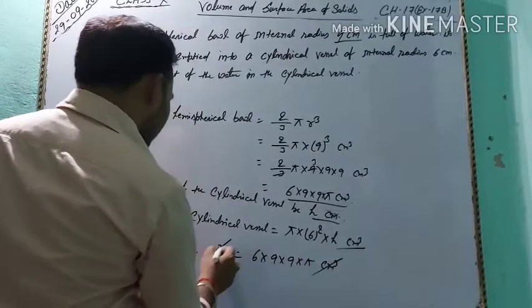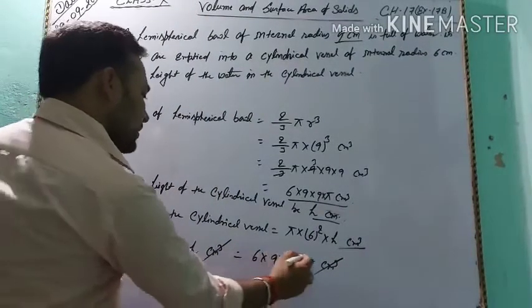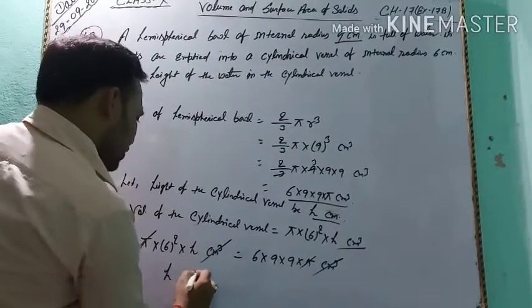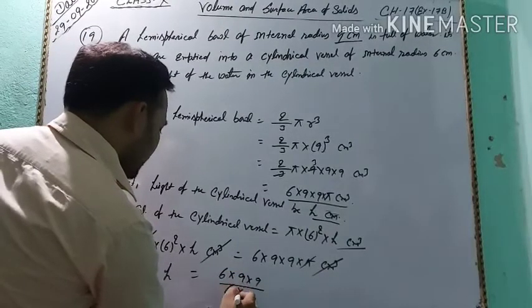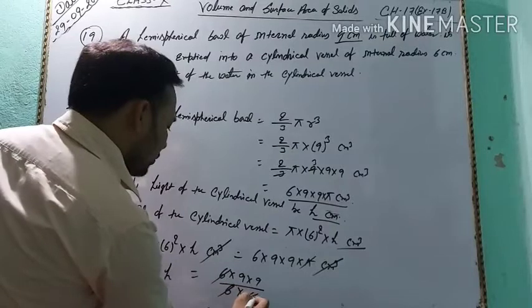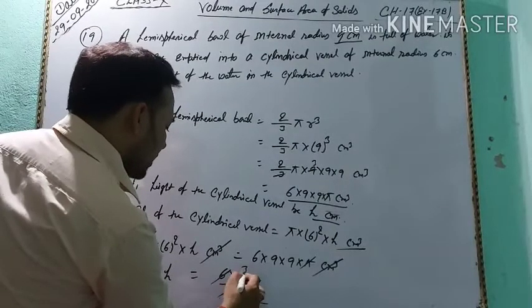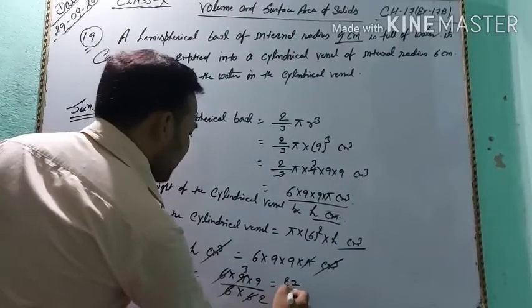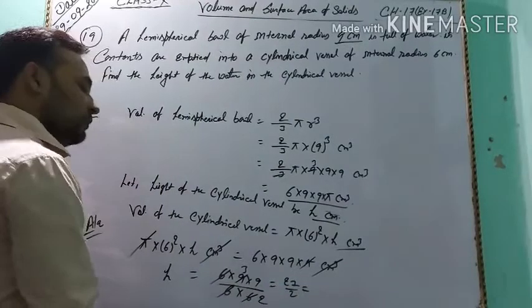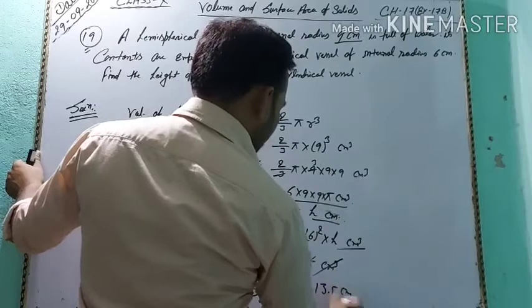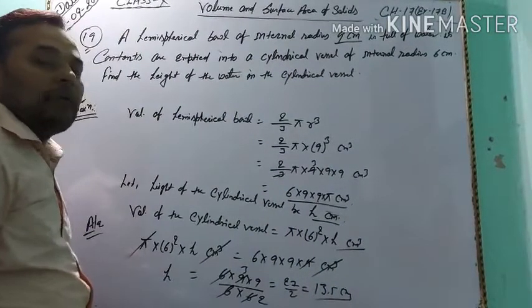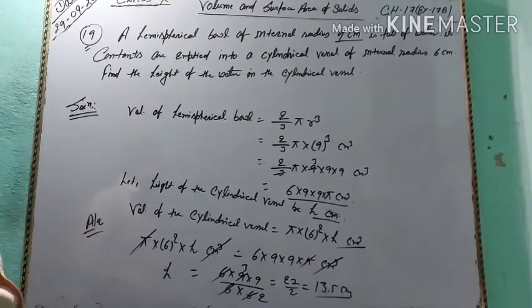Cubic centimeter is cancel, pi is cancel, that is h equal to 6 multiply 9 multiply 9 by 6 multiply 6, 6 is cancel, 3 2 ja 6, 3 3 ja 9, 27 by 2, that is 13.5 centimeter is the height of the cylindrical vessel.